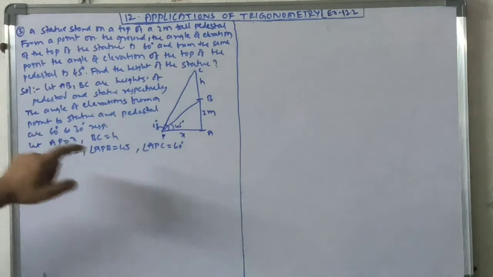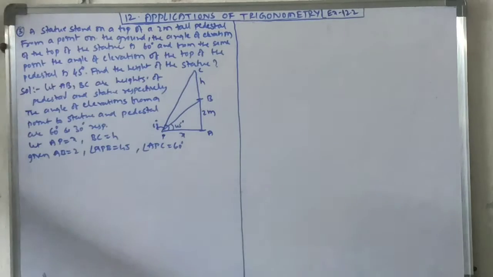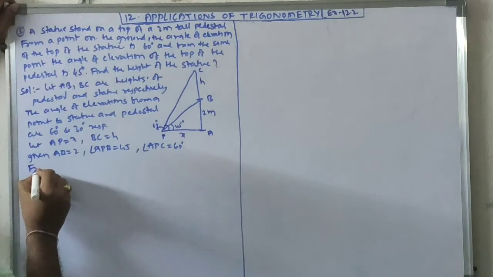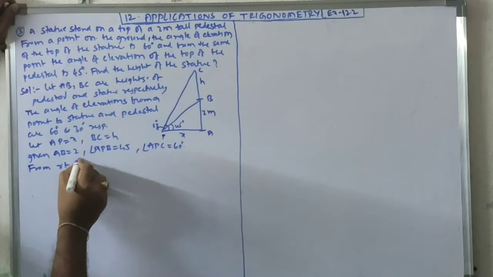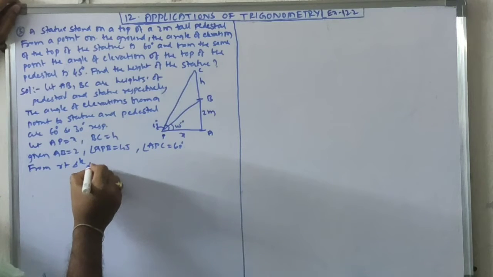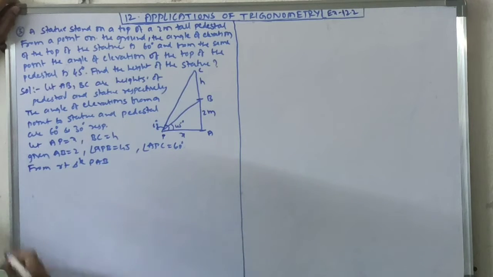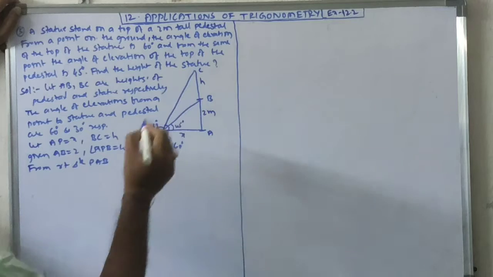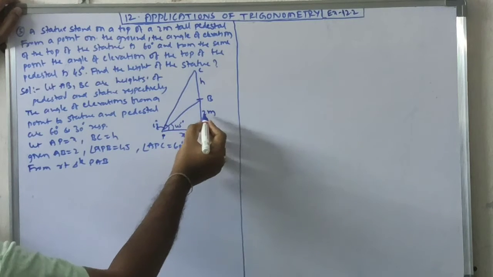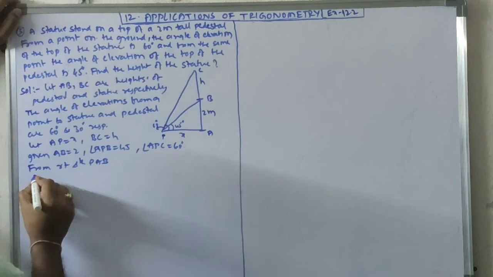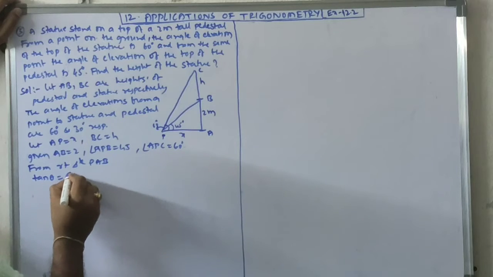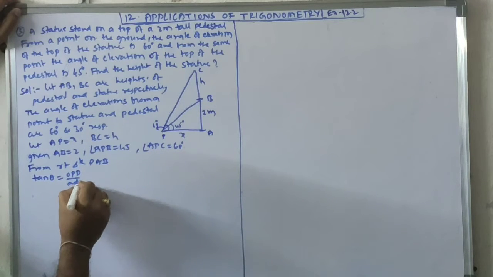Okay. Now I want to take the smaller right angle triangle first. From right triangle PAB, this is opposite, this is adjacent. Tan theta equal to opposite by adjacent.